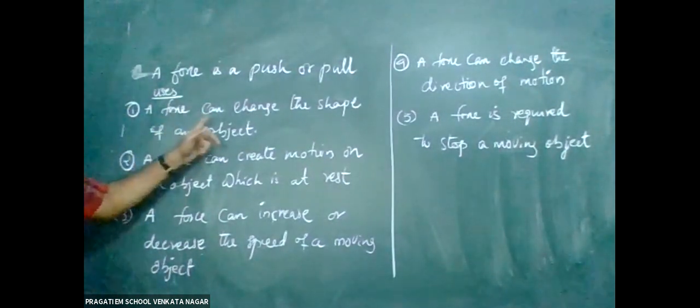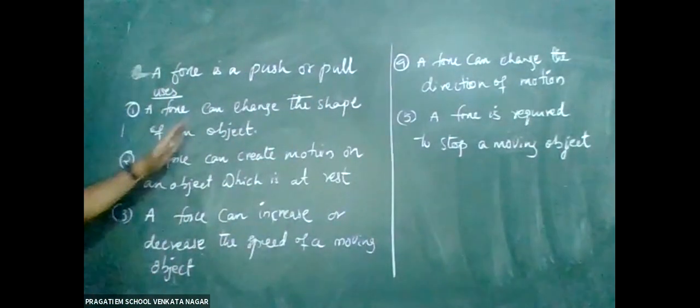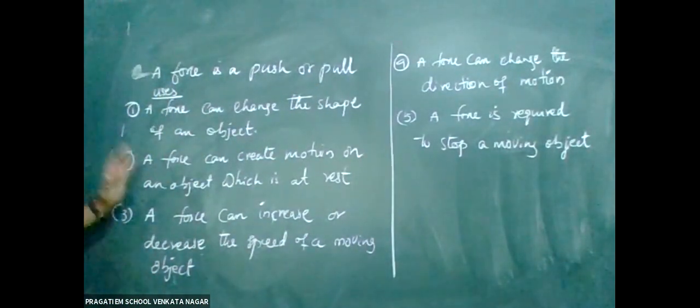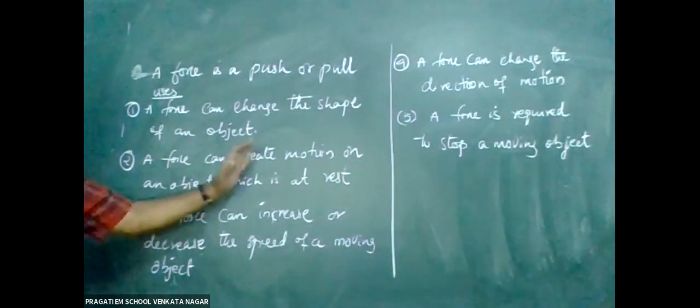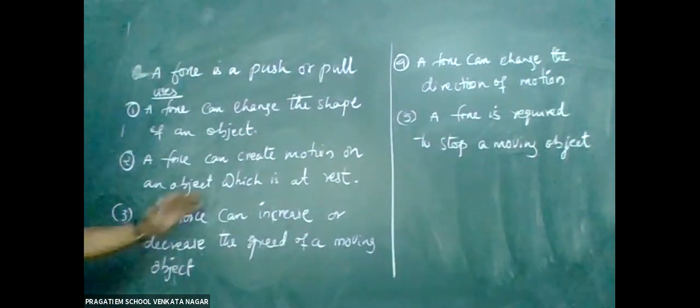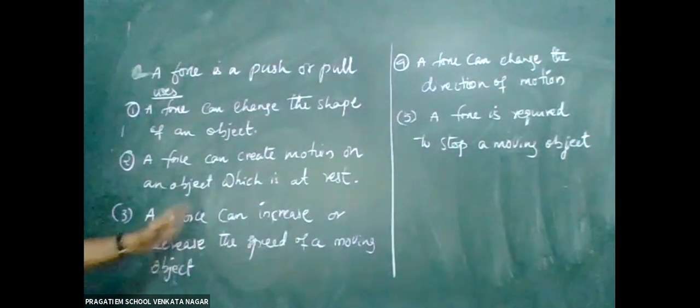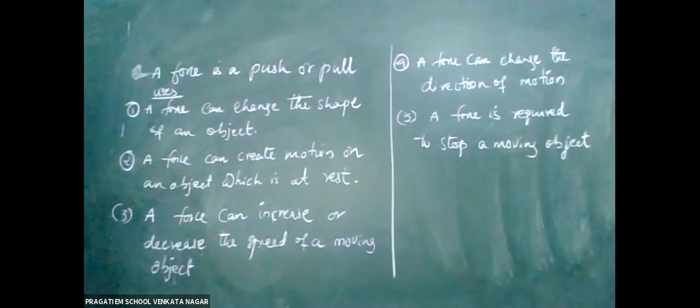A force can change the shape of an object. A force can create motion on an object which is at rest. A force can increase or decrease the speed or velocity of a moving object.